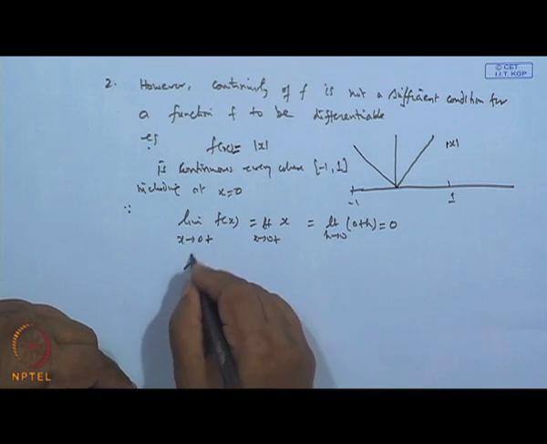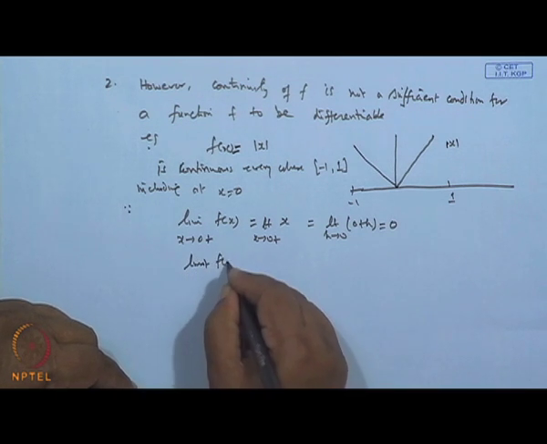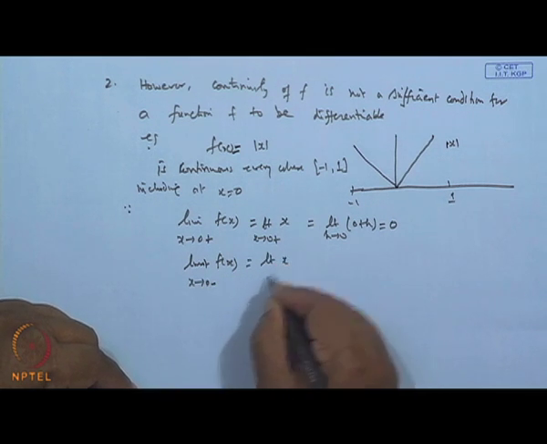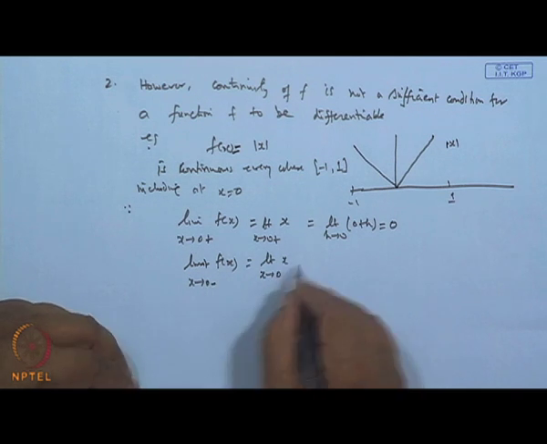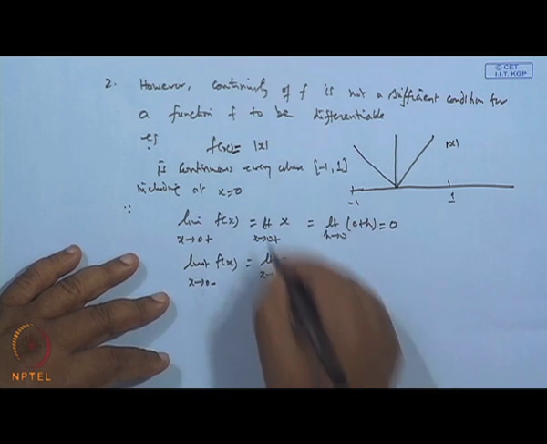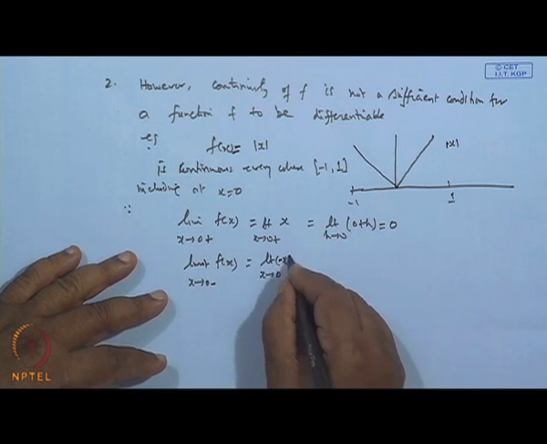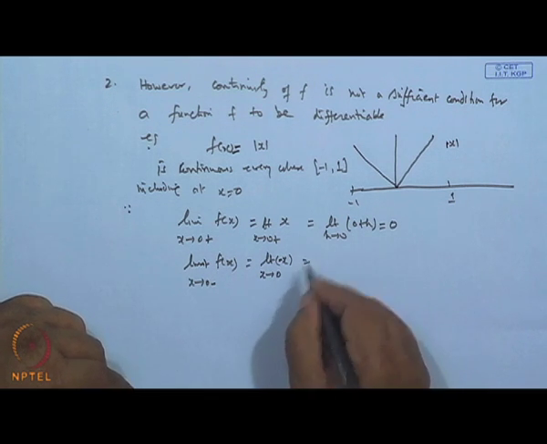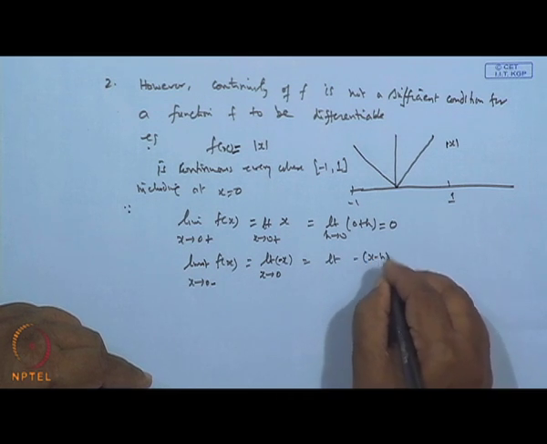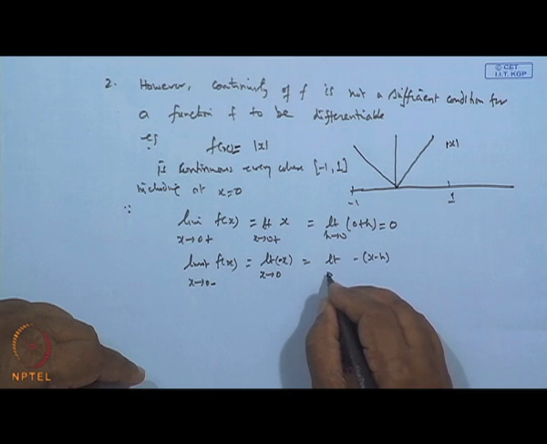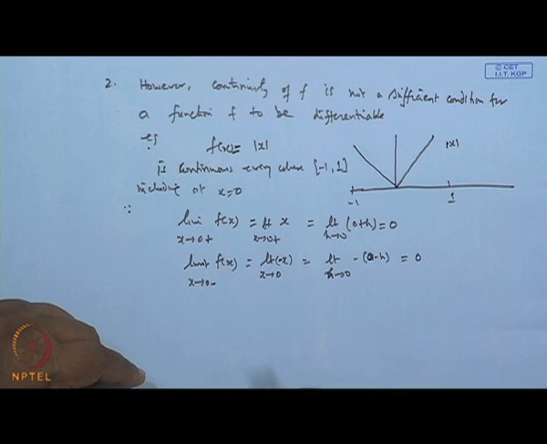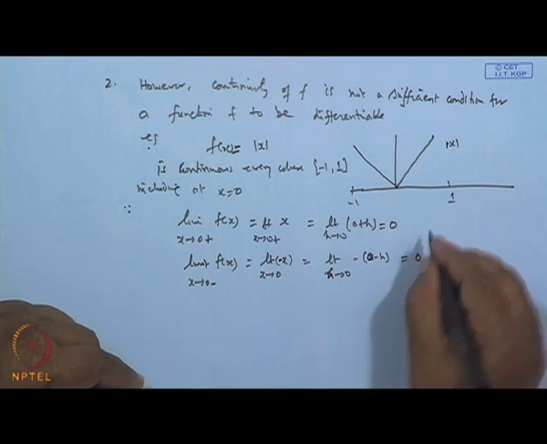And if you look at the limit of f x when x tends to 0 from the negative side, mod of x is minus x, so the limit as x tends to 0, taking x equal to 0 minus h, with h tends to 0, is again 0, and the value of the function is f 0 equal to 0.